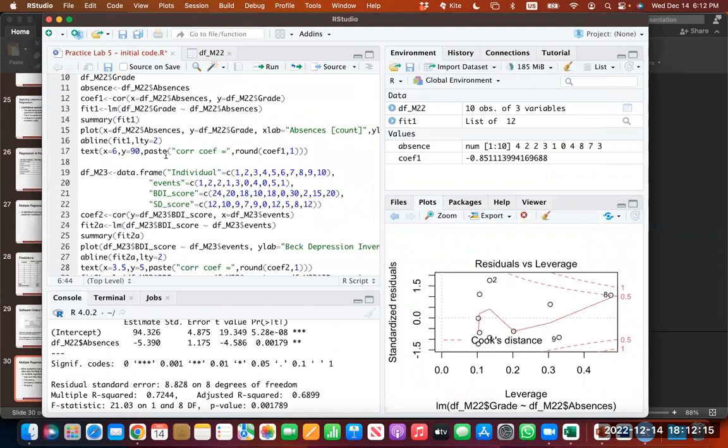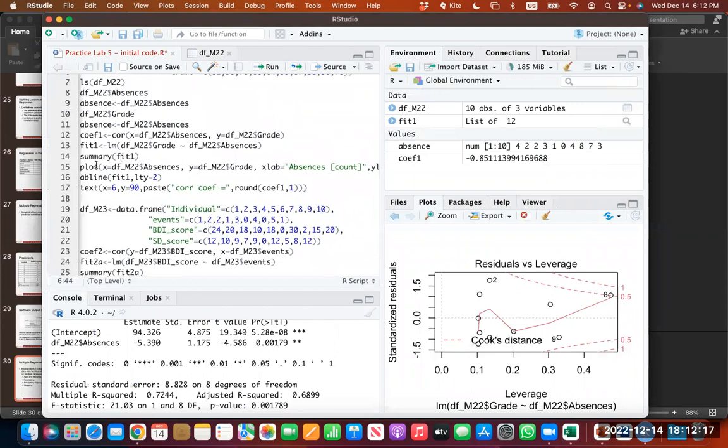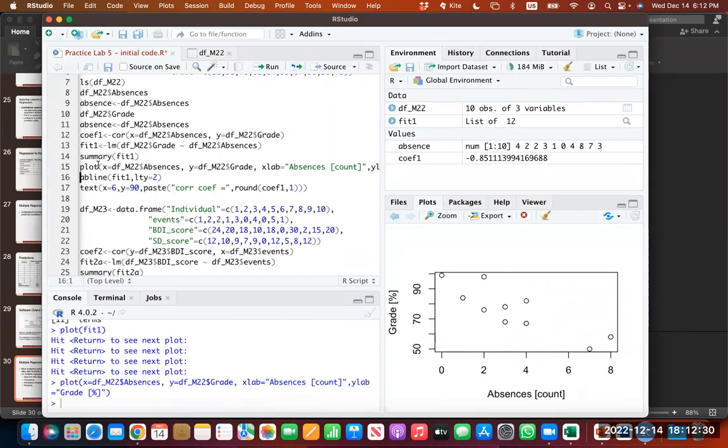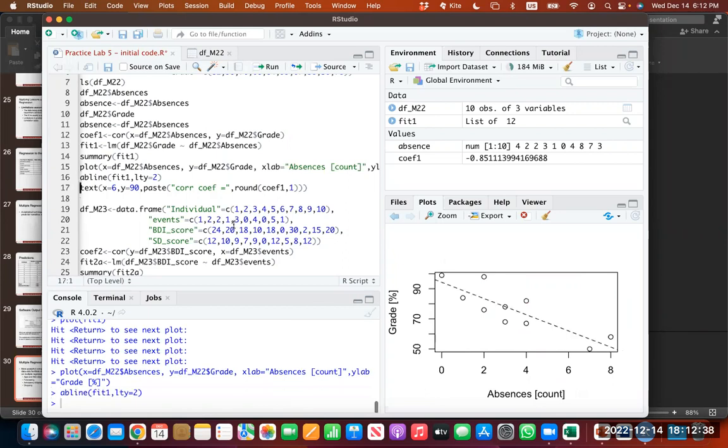Then we also have fit one. We did that, and now we do the next line. This is important when you write a statistics paper or some research paper in any of your classes, and you want to utilize R. This formula with plot allows you to develop a scatter plot in R. With abline, you fit a linear model through that, so that's a depiction of your line.